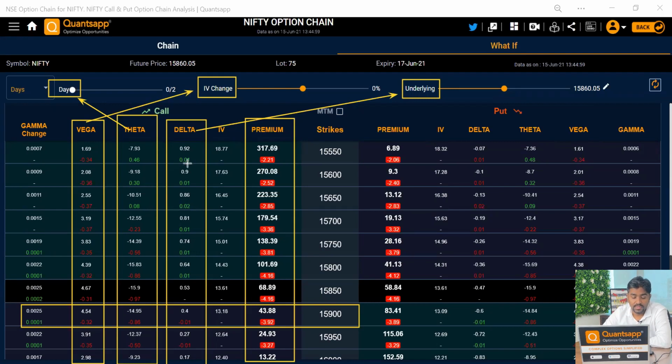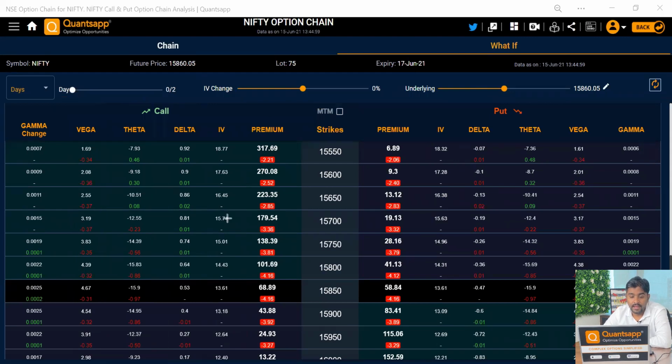Now you need to see how the premium is affected because of these three values. First, let's talk about the delta. Delta, by the bookish definition, is basically the rate of change of premium with respect to change in the underlying.